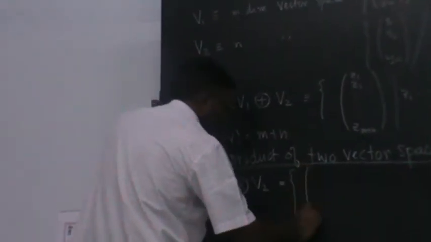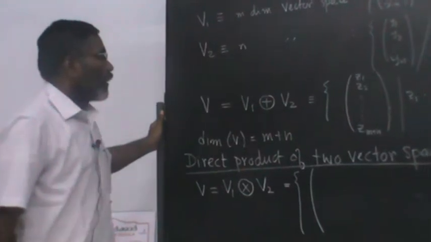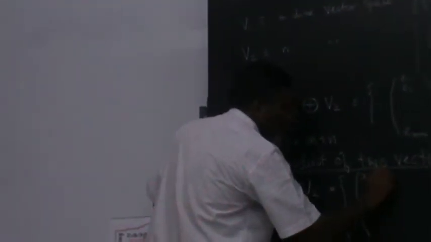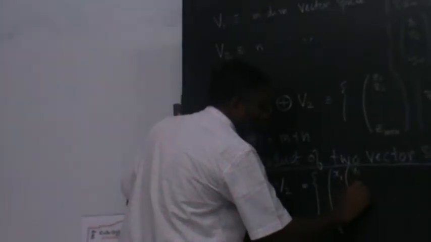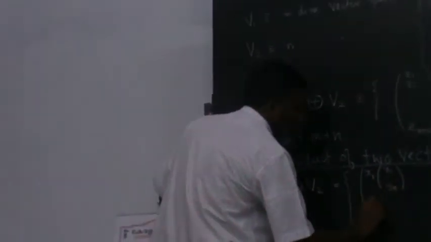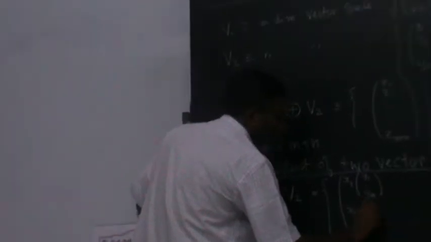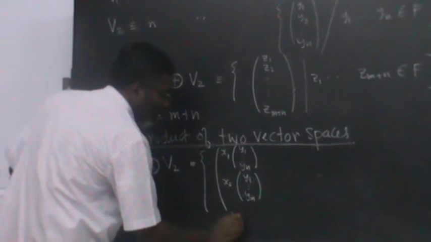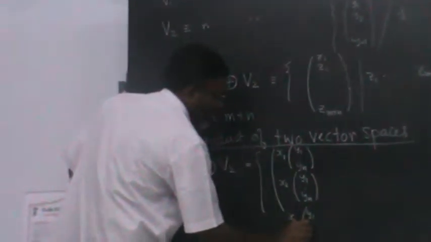This one is x1 times all the y's, x2 times all the y's, and so on, xm times all the y's.